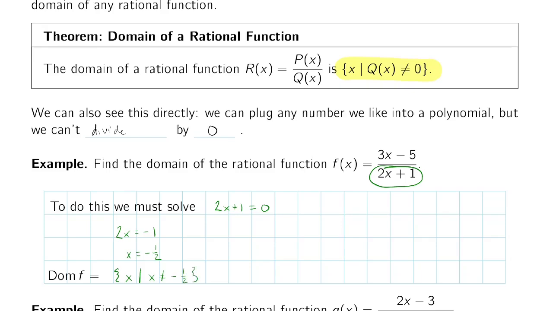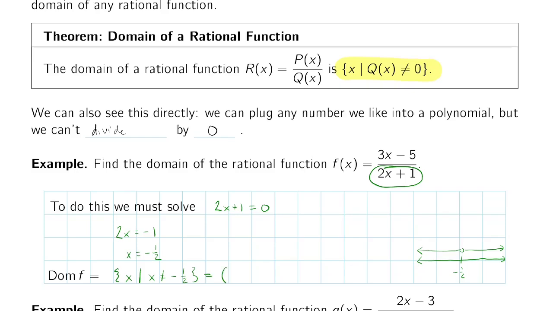Now, this is how a normal person would write this set. This is how we would express this set to be human readable. Computers really like interval notation. If we desperately want to write this set in interval notation, it consists of everything to the left of negative 1/2 and also everything to the right of negative 1/2.